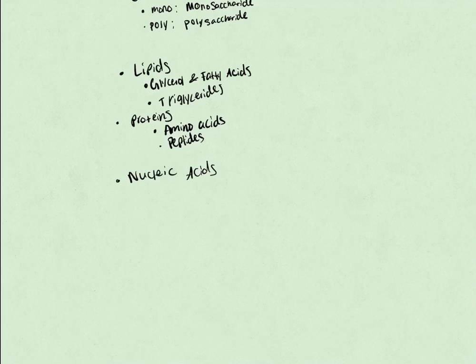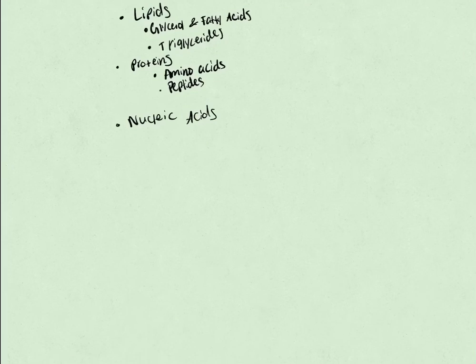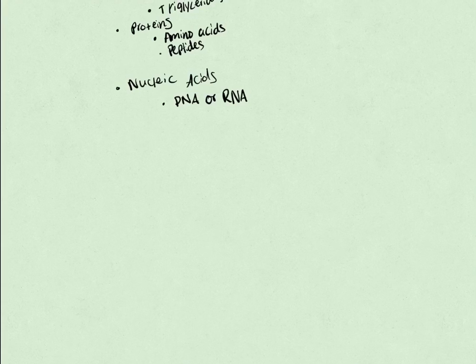Lastly, we have nucleic acids. There are four main nucleotides that are present. But before we get there, the monomer and the polymer for nucleic acids are DNA or RNA. So, nucleotides are what are paired in a DNA.